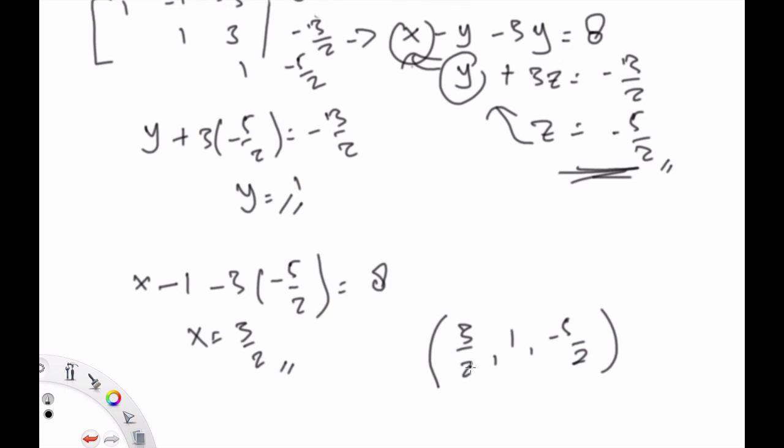So we have a unique solution here. Why is it a unique solution? Because it is a single point, with x, y, and z.